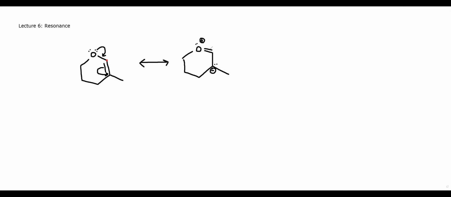Now we could draw even one more resonance structure, right? We could take this pi bond and just draw it back up here as a lone pair. What would that look like? That would give oxygen both its lone pairs back.